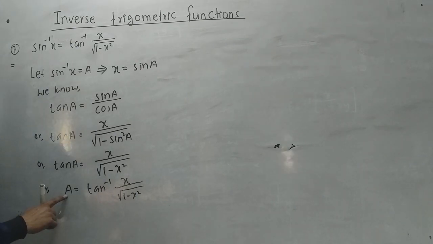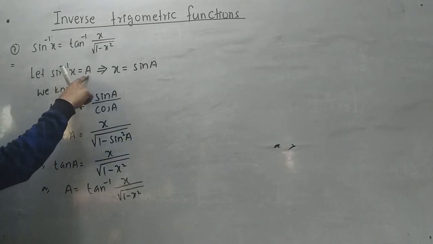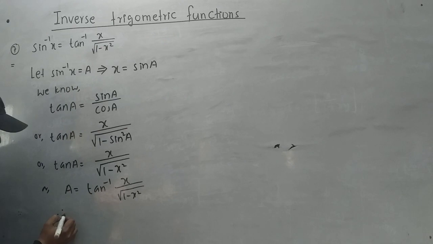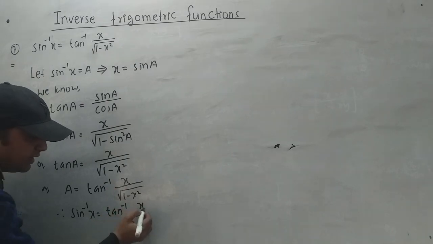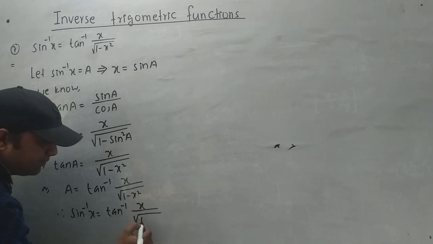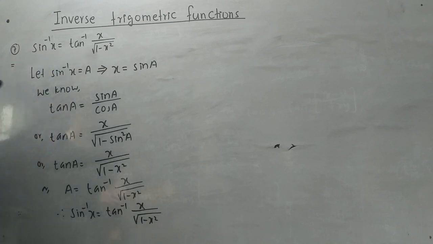So angle A is sin inverse x. So the final result is sin inverse x equals tan inverse x divided by under root of 1 minus x square. This is one of the important formulas we will deal with in the exercise.